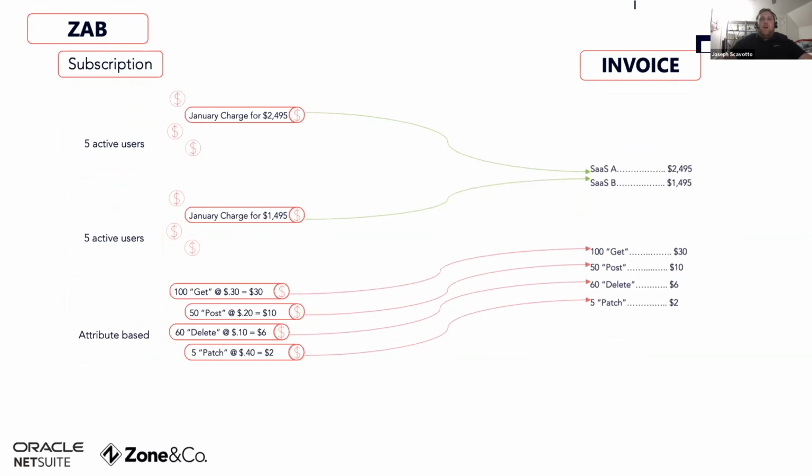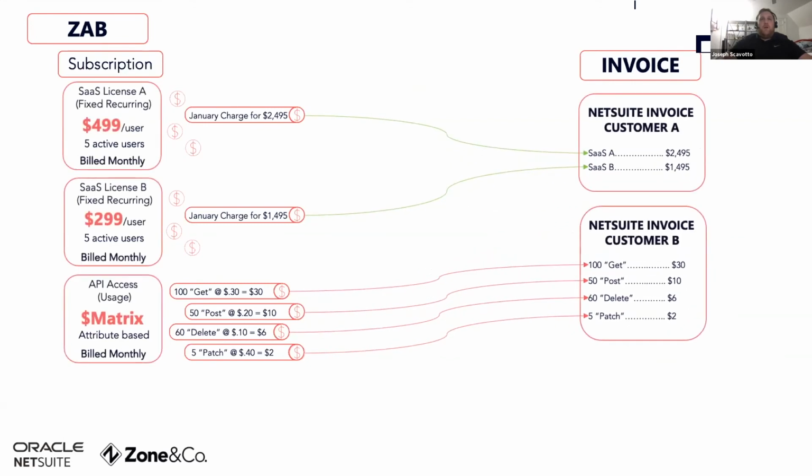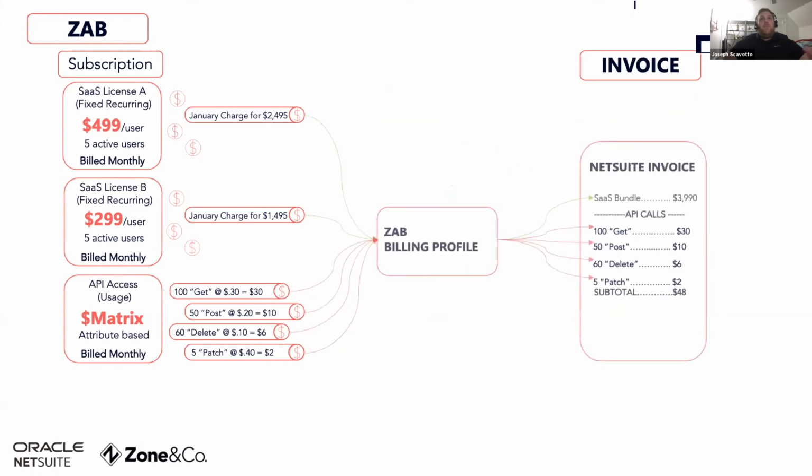Now, within that billing profile that we talked about before, you might be able to define within a subscription, actually, the API matrix is with a separate customer altogether. Maybe it's a sub-customer relationship, or we need to split out that API information to be on a separate standalone invoice. Again, via the billing profile, we might actually want to have certain subtotaling information defined directly within a configurable tool called our billing profile to display information that's more readily needed for your customers.